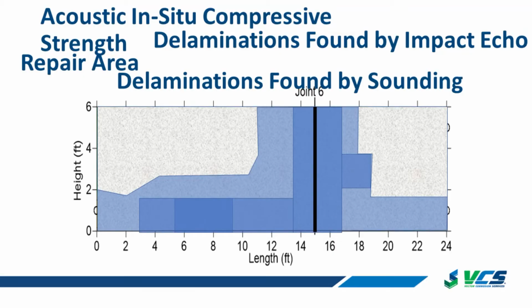Is there any other weakened concrete as well? Because we're collecting the compressive strength of the concrete as well, we can identify that, okay, so this is where the concrete is debonded, but we're actually getting some cracking a little bit beyond it as well. So if I start hitting this, this is some weakened concrete. I didn't put the scale here, but this is like 2,000 PSI concrete because of the cracking.